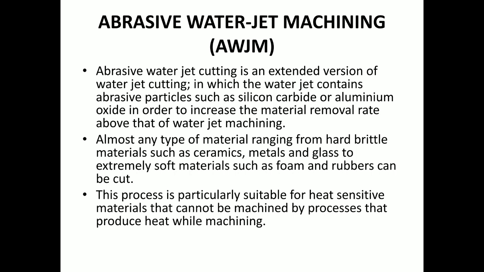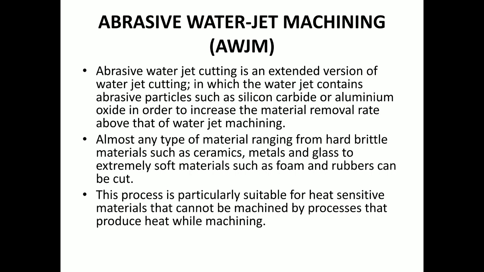So to make this process more efficient, a new process was developed, that is abrasive water jet machining. In water we mix the abrasives at a high pressure. Now abrasive and water both act on the surface, and that will create the cavities at a faster rate, at a higher MRR. So this process becomes more efficient.